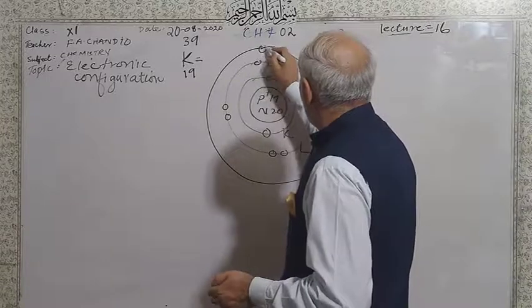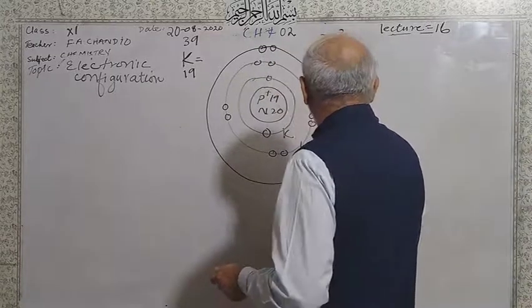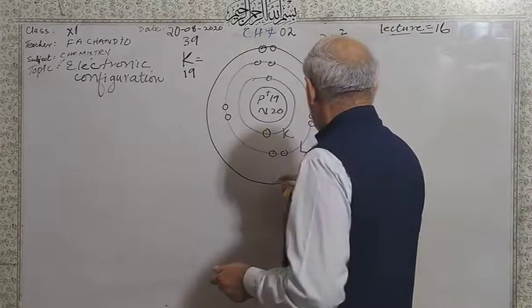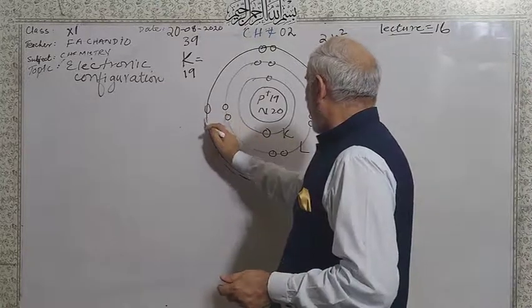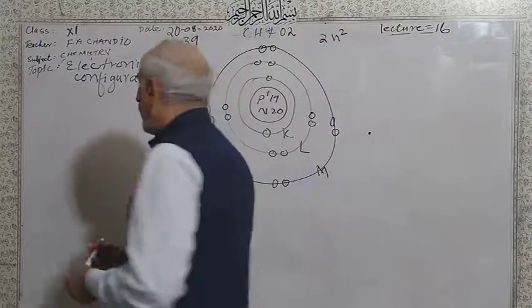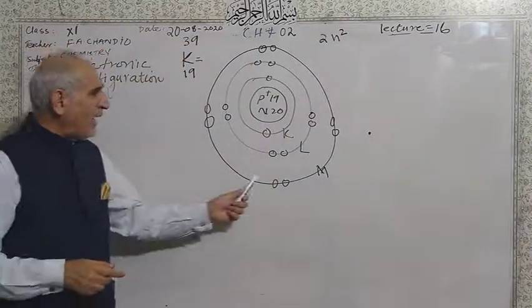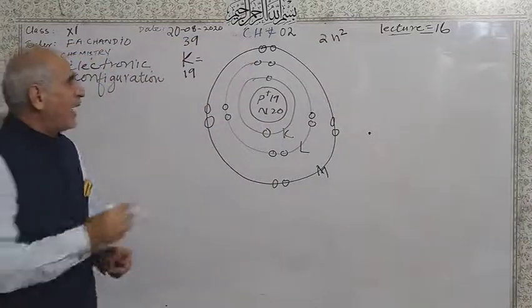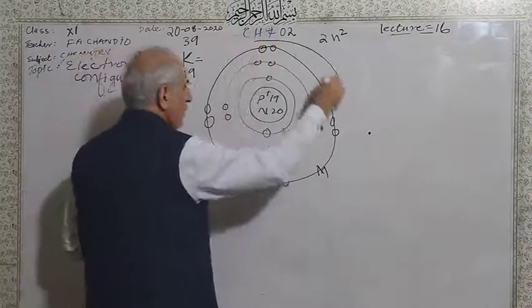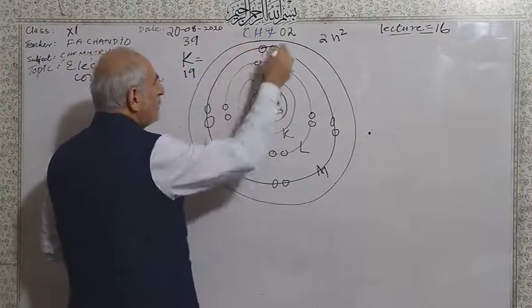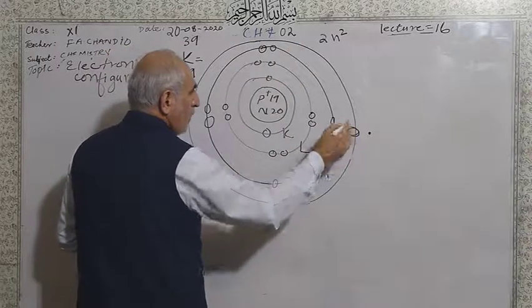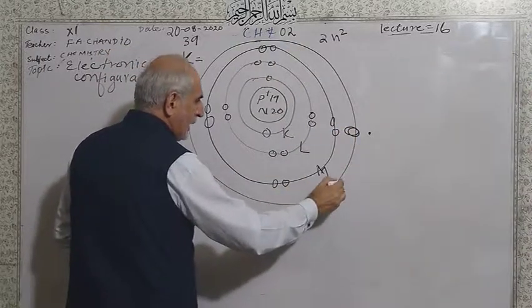You should accommodate next 8 electrons in the M shell. M shell again 8 electrons and one will be in the N shell.